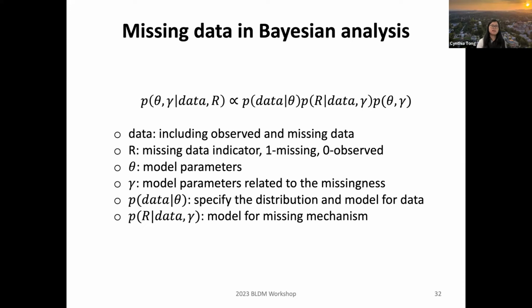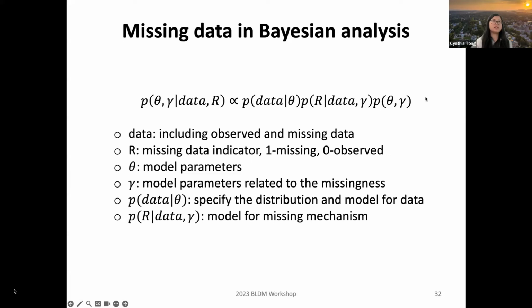In Bayesian, missing data can be handled really naturally. We can represent the relationship like this. The probability of your model parameters and the parameters related to the missingness, conditional on your data and the missing data indicator, is proportional to a multiplication of these parts.